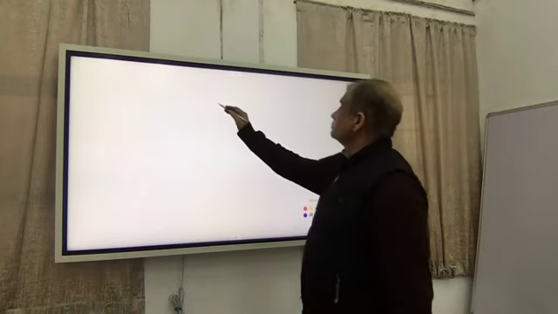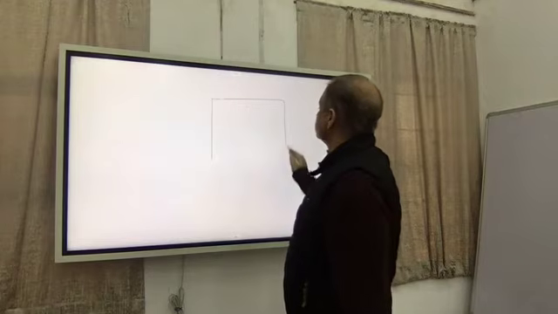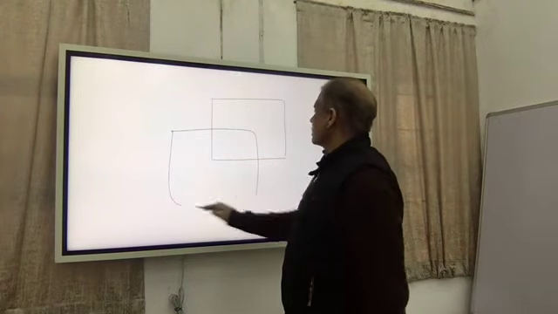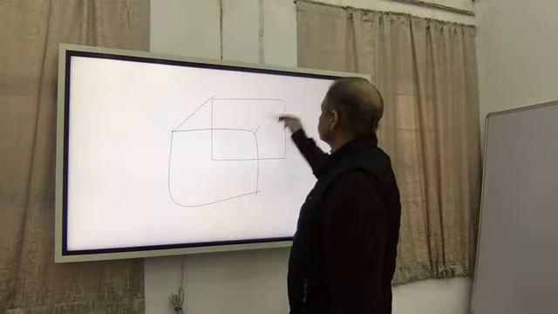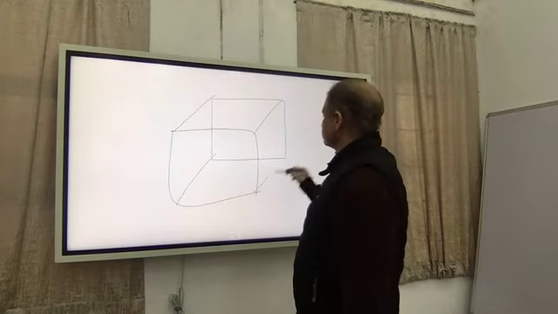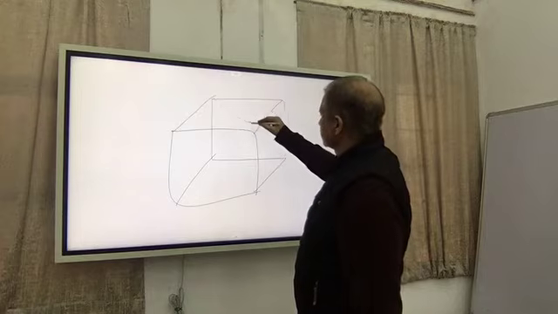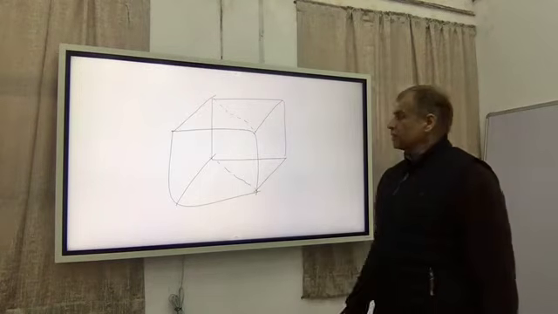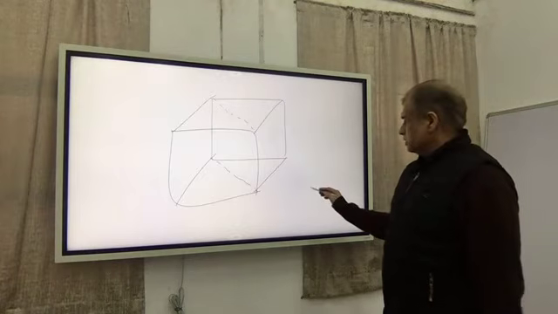So diagonal planes are obviously lined like this, line like this. This is one diagonal plane of symmetry.